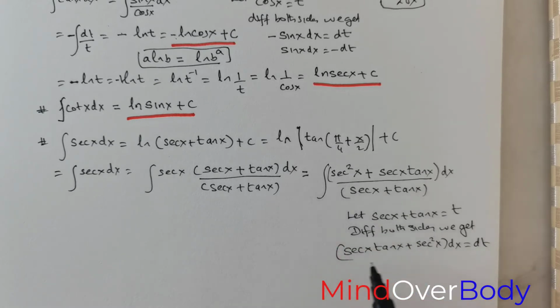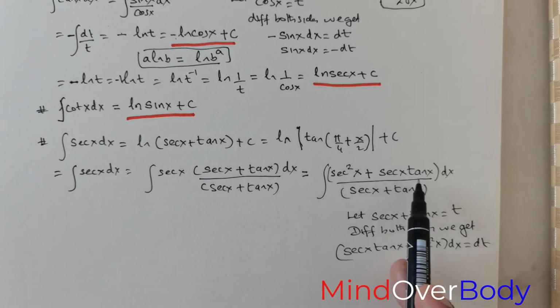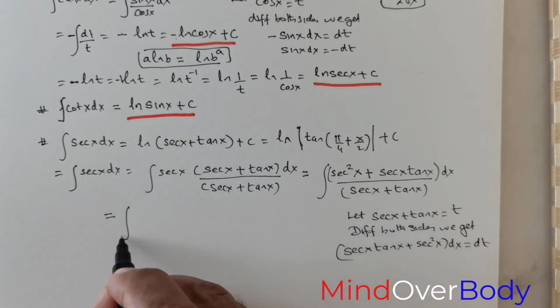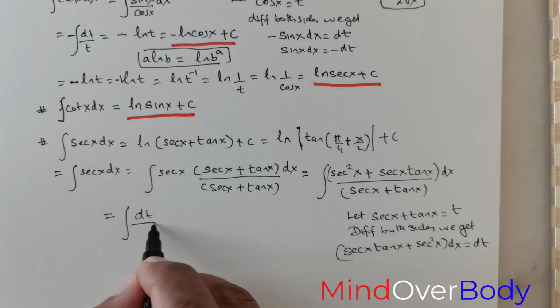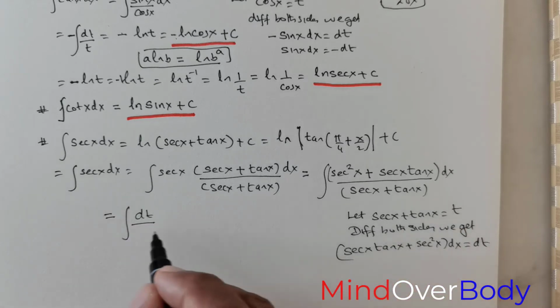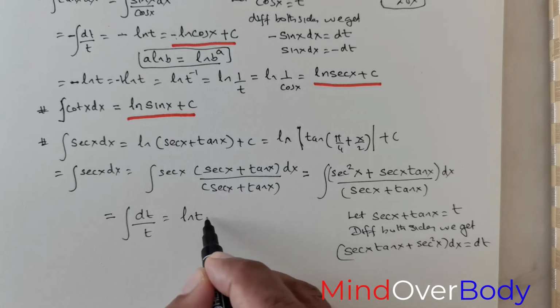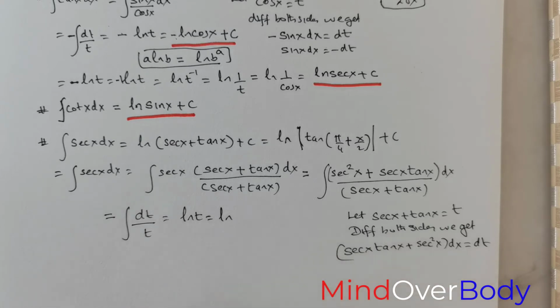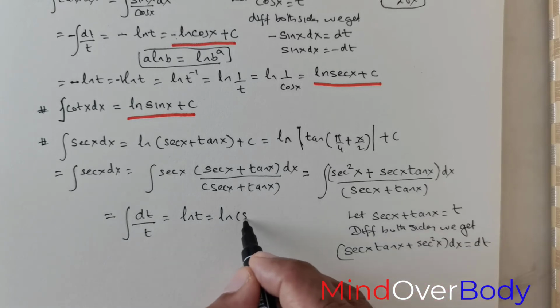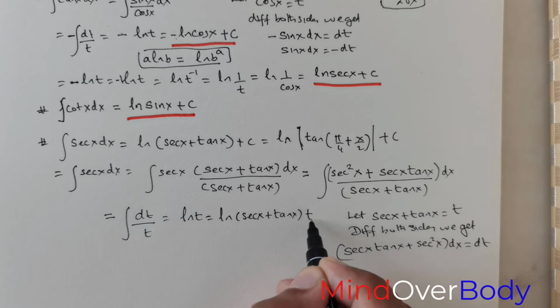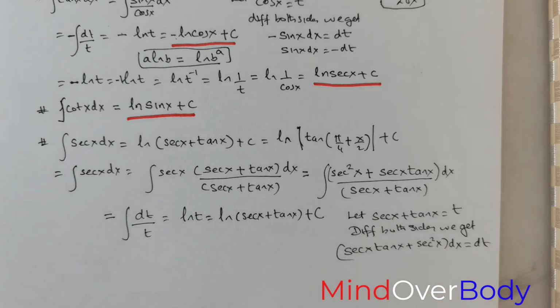Now clearly you get secant squared x plus secant x tan x with dx. So this is rewritten as the integral of dt divided by t, which is going to be ln of t, which is nothing but ln of secant x plus tan x, plus an arbitrary constant c. So this is the first outcome.